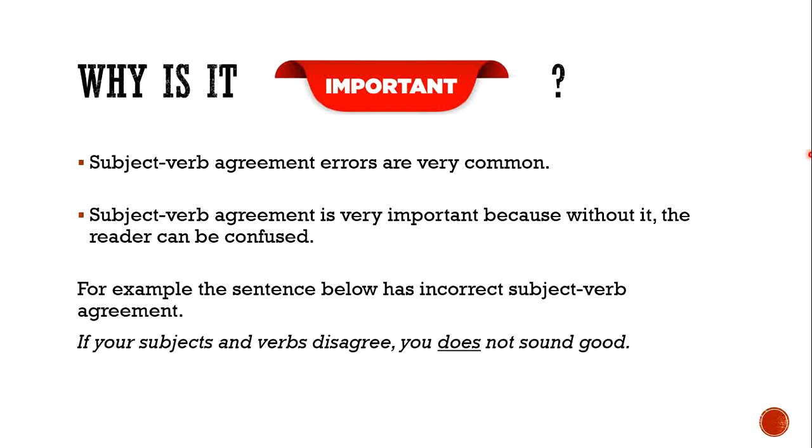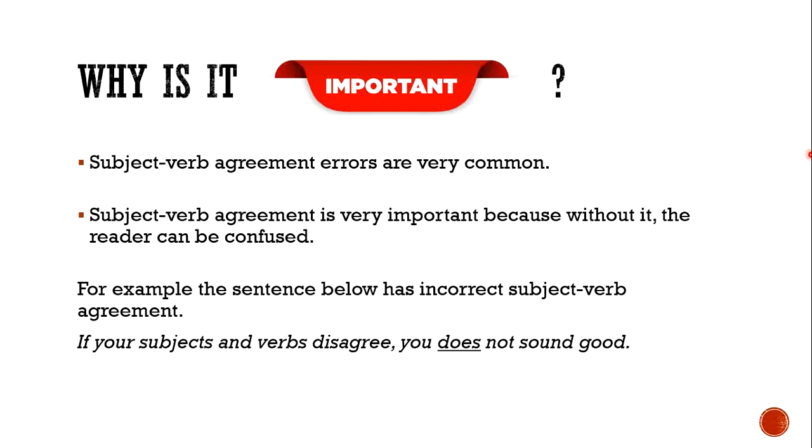Also, if you look at it from the exam point of view, you get editing a passage where you get different words wrong. Those are, in most cases, based on subject-verb agreement.